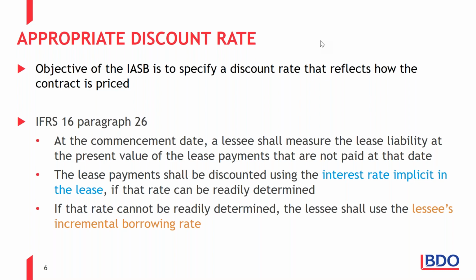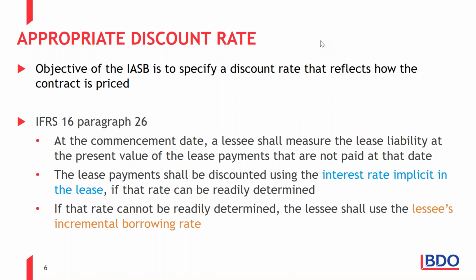I think it's important to say that the objective of the International Accounting Standards Board is to specify a discount rate that reflects how the contract is priced. So that is a conceptual approach. That's what they want to achieve, and that comes out of the basis for conclusions. So a discount rate that reflects how this particular contract is priced.